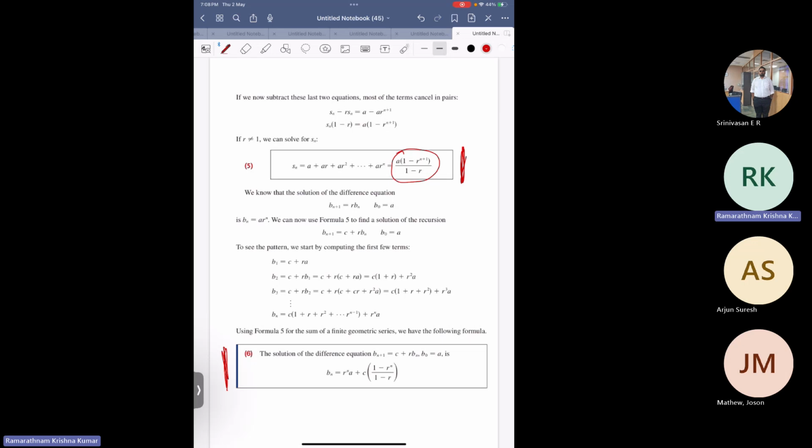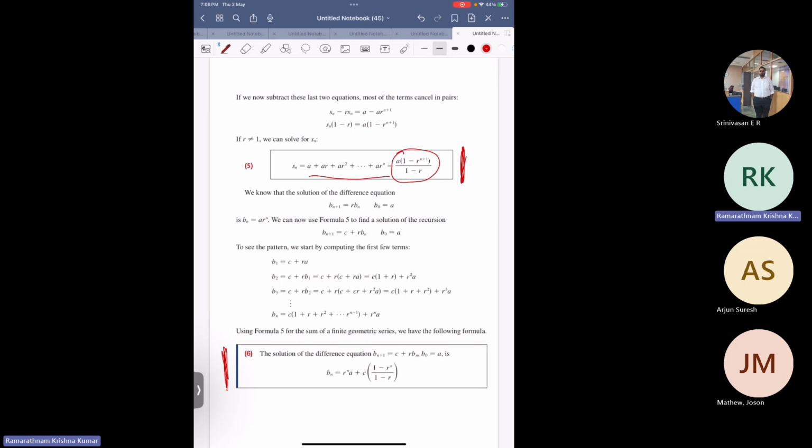Let's see how we are going to use this tool. So is that clear? If this is the case, that is the equation.